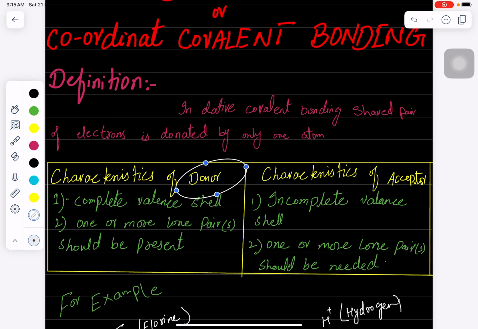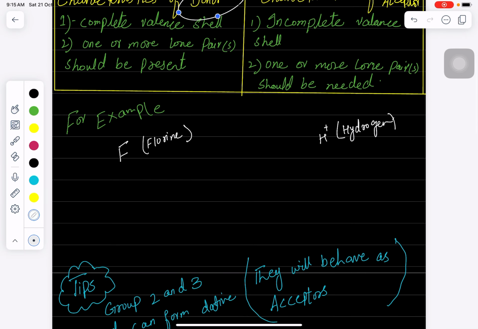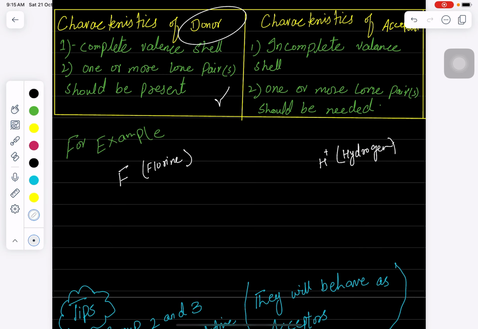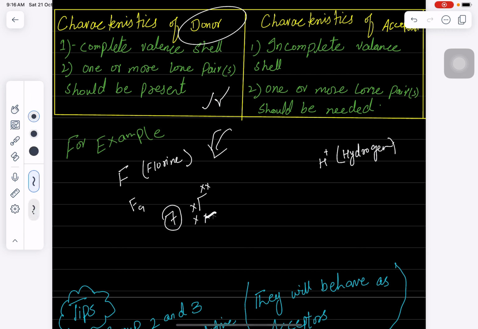Okay, for example, let's apply these concepts on this example. Fluorine is F9, which means it has 7 electrons in its last shell. So it has one pair, two pairs, and three pairs. Now, how can we know whether it is a donor or an acceptor?